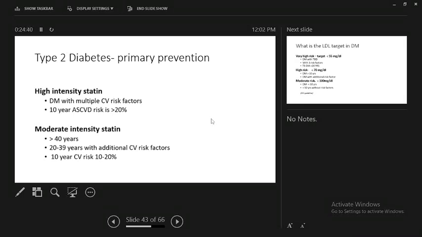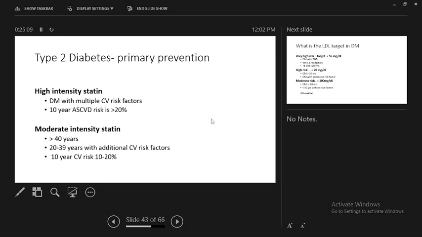So what about type 2 diabetes in primary prevention? This is again important. High intensity statin is needed in diabetes patients with multiple cardiovascular risk factors, or if the 10-year risk is more than 20%. In these patients you need to give atorvastatin 40 to 80. We always start atorvastatin 40 and then consider increasing it further later.